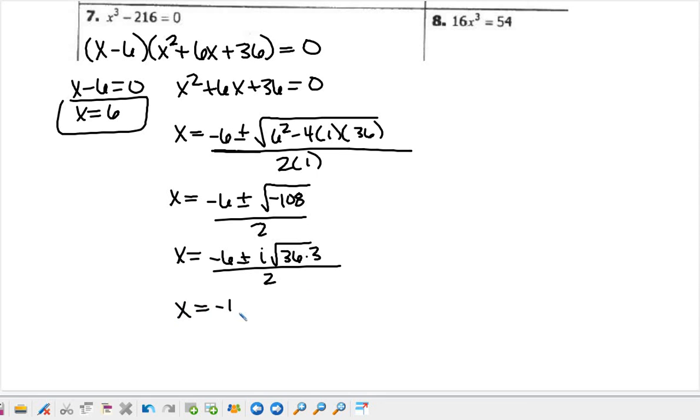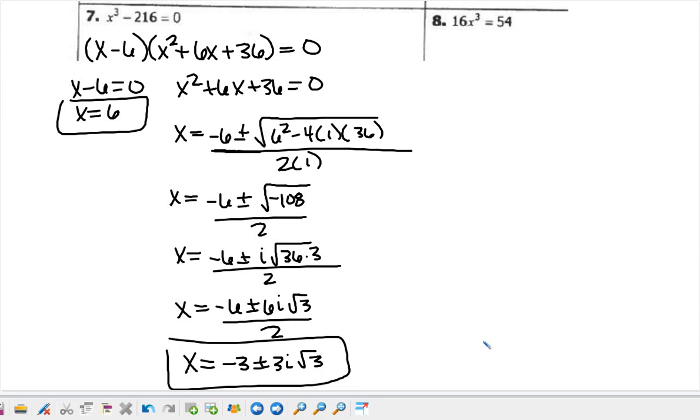So x is equal to negative 6 plus or minus 6i square root of 3 over 2. These are both divisible by 2, so it simplifies to negative 3 plus or minus 3i square root of 3. Again, I'm totally fine with that answer, but college algebra is going to want you to put x is equal to negative 3 plus 3 square roots of 3 i, and x is equal to negative 3 minus 3 square roots of 3 i. Just to be clear.